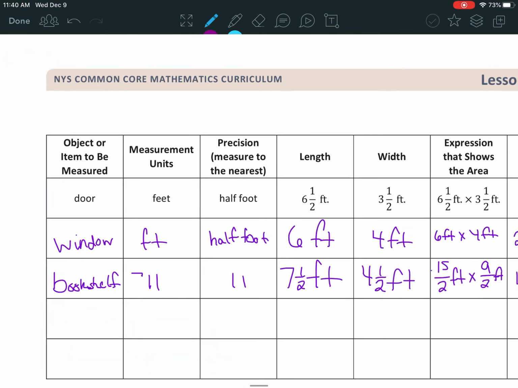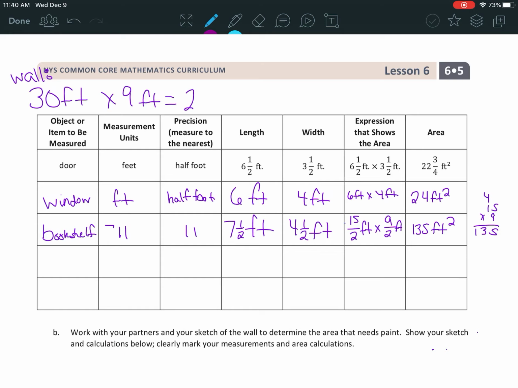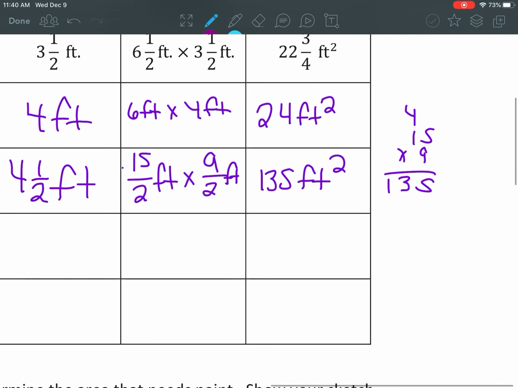So we're just going to say that this wall is 30 feet long. So this is the wall. It's 30 feet by 9 feet. So the area of the wall itself would be 270 feet squared.